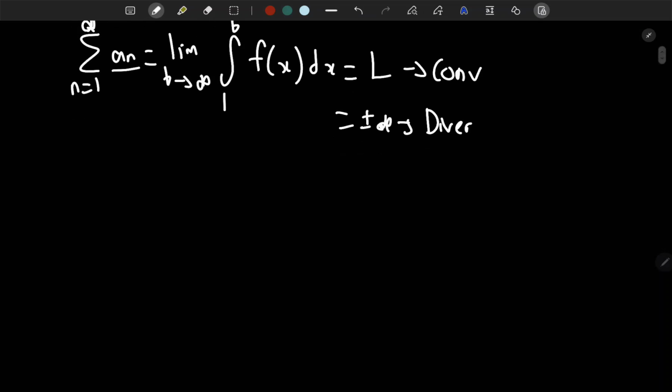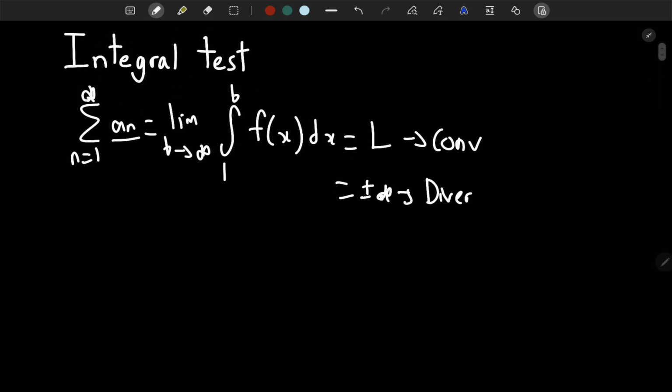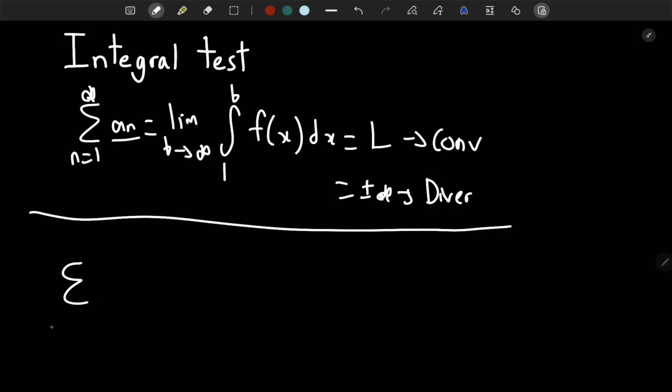So here let's take the p series which we discussed in our last video. Let's have the series from n equal to 1 all the way to infinity of 1 over n to the power of p. Now we have three cases.